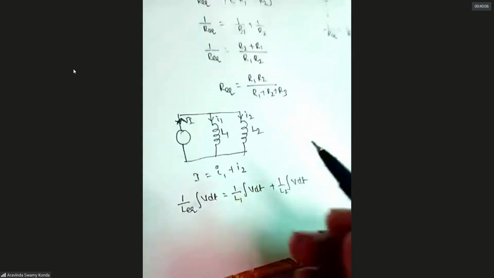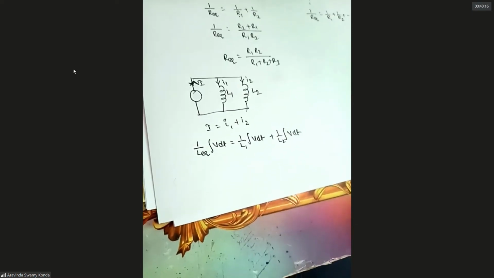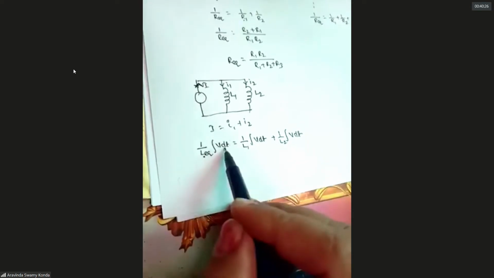So we already found out what is the current in the inductor, that is 1 by L into integral of V dt. So 1 by L, that is 1 by inductance value, into integral of voltage of that inductor. So total current is total inductance, total voltage.